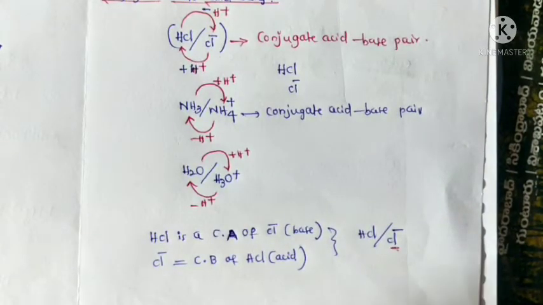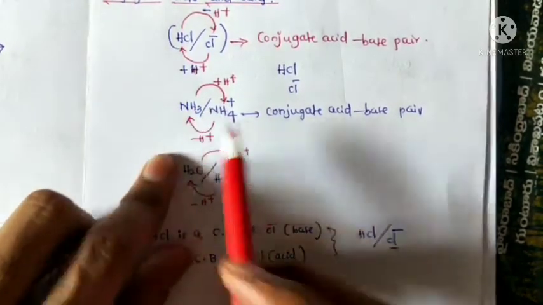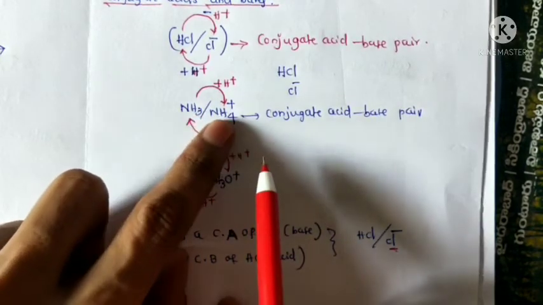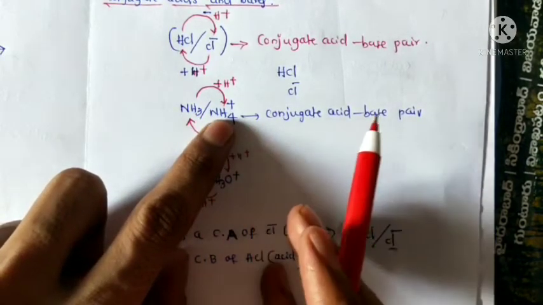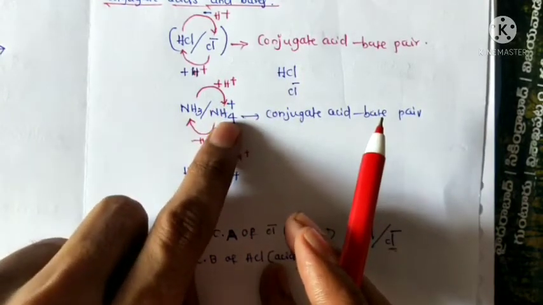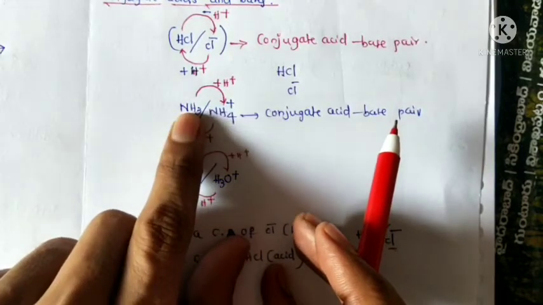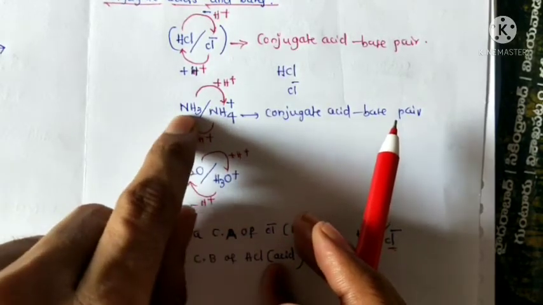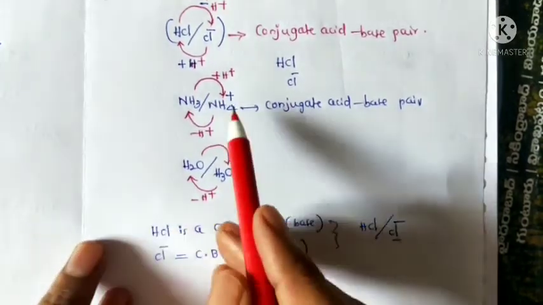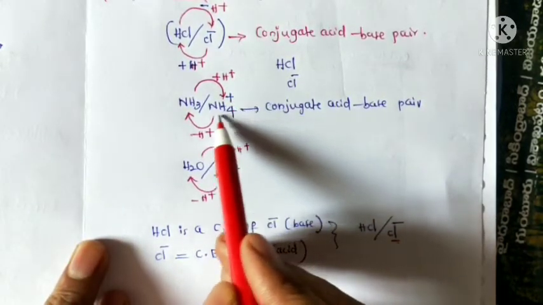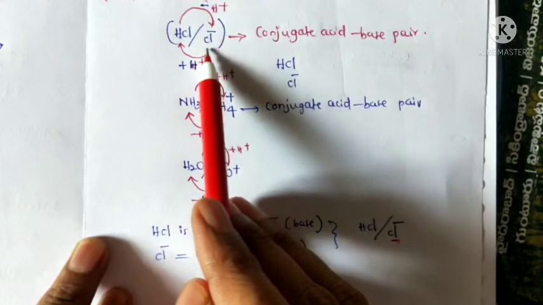Next pair, NH3. NH3 is a conjugate base of NH4 plus, and NH4 plus is a conjugate acid of the base. In general we can say that a plus charge indicates an acid and a minus charge indicates a base.